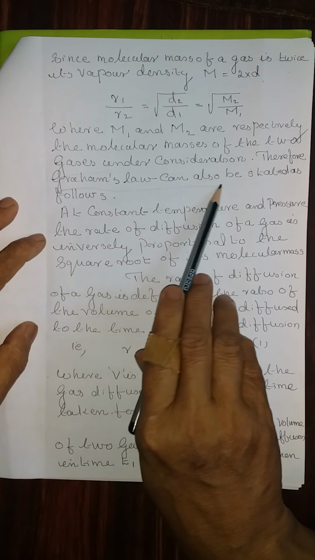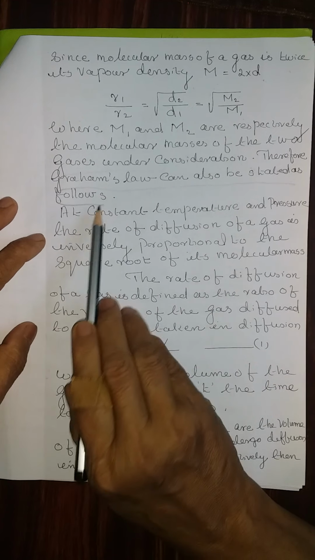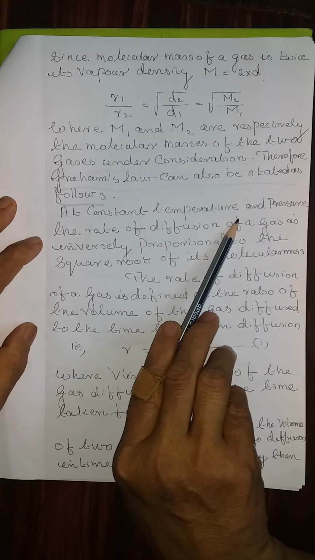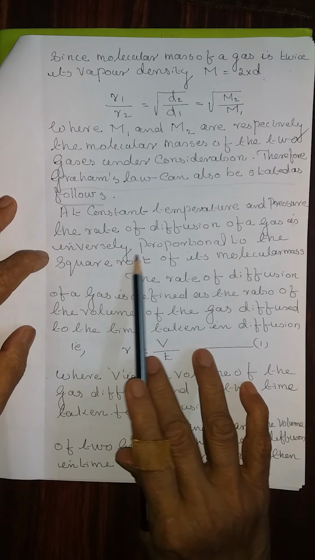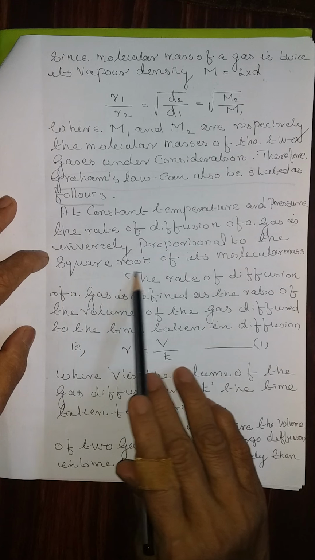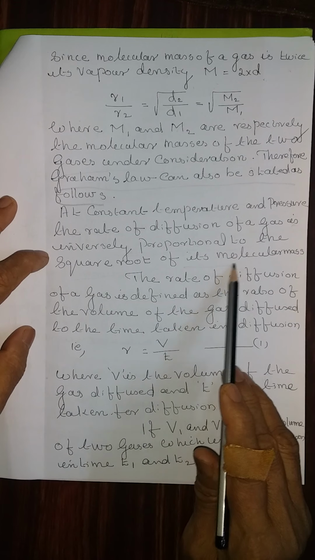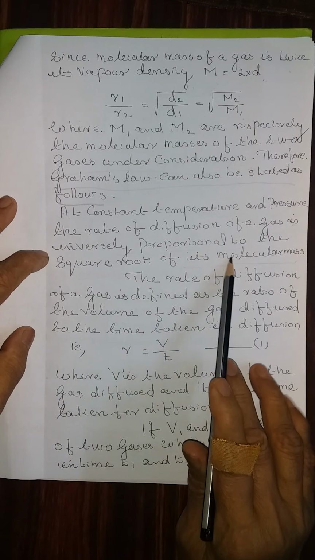Therefore, Graham's law can also be stated as follows. At constant temperature and pressure, the rate of diffusion of a gas is inversely proportional to the square root of its molecular mass. That is another definition.